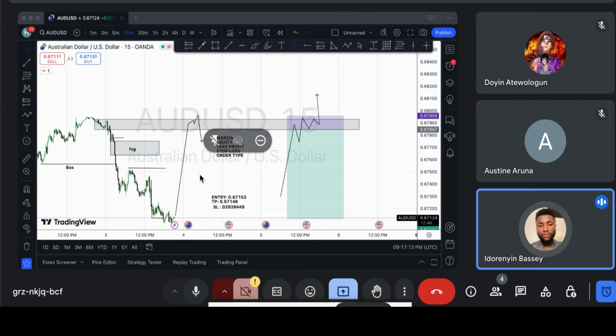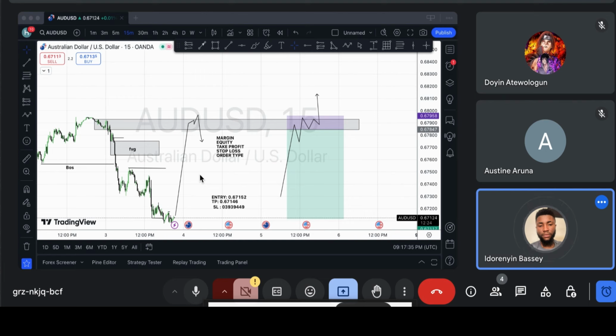So let's dive into it. In forex trading, understanding the different order types is essential as they determine how and when your trades are executed in the market.